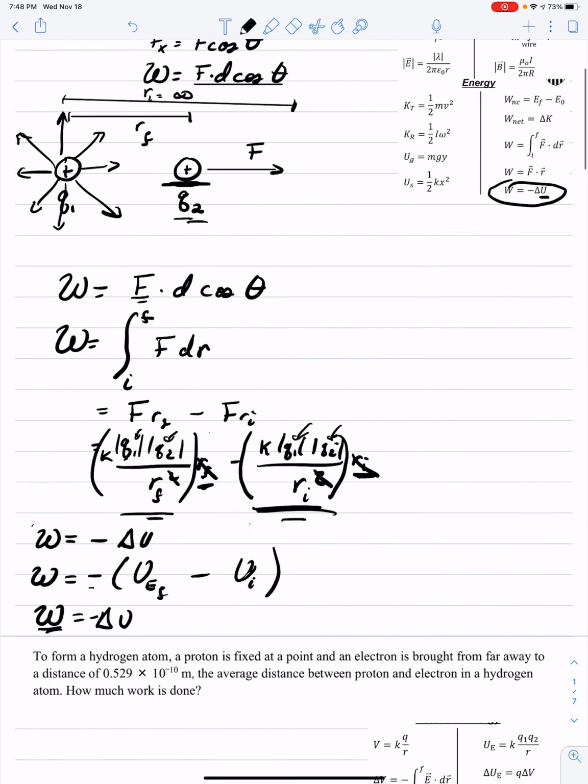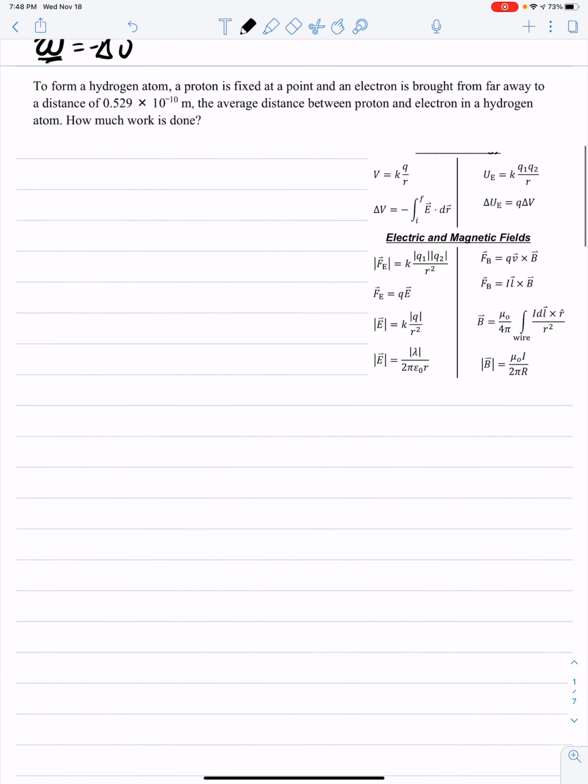Okay, I am going to do this problem from the actual required problems, just so you can see how to apply it. It says, to form an atom, a proton is fixed at a point and an electron is brought from far away to a distance of this. I'm going to call the distance r final.